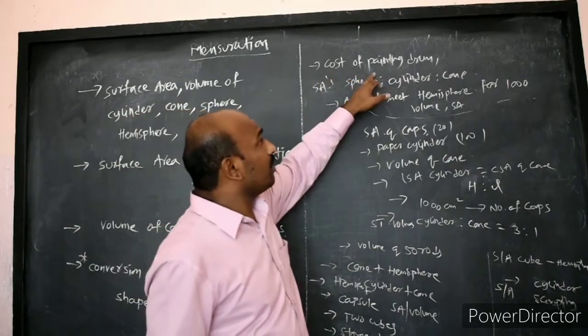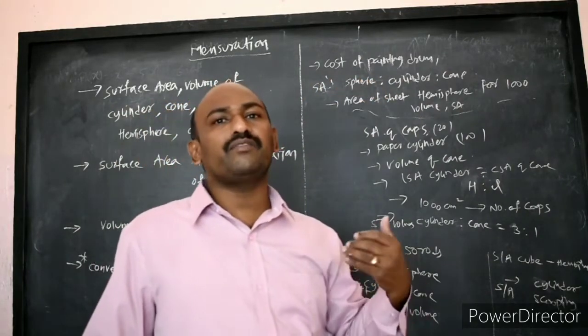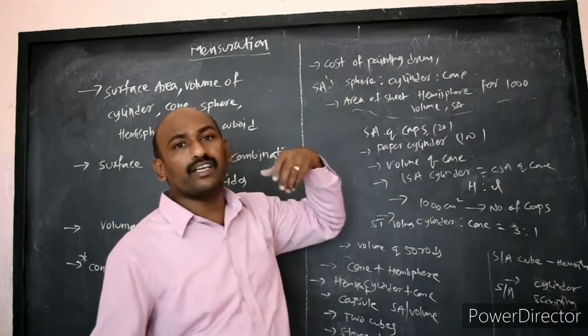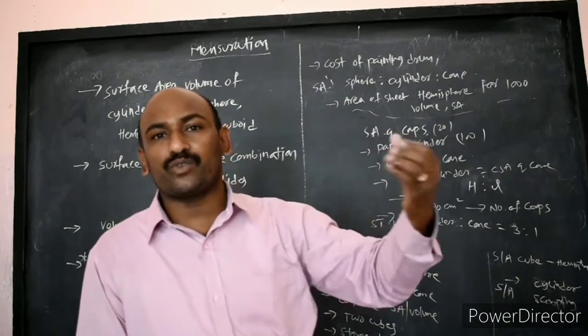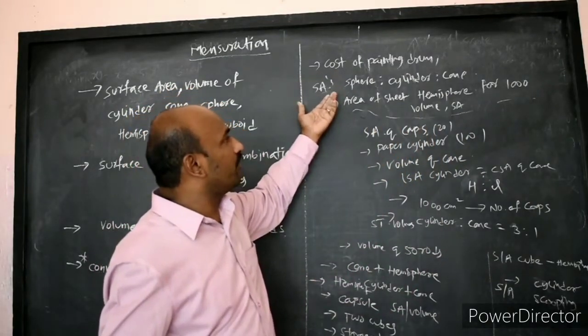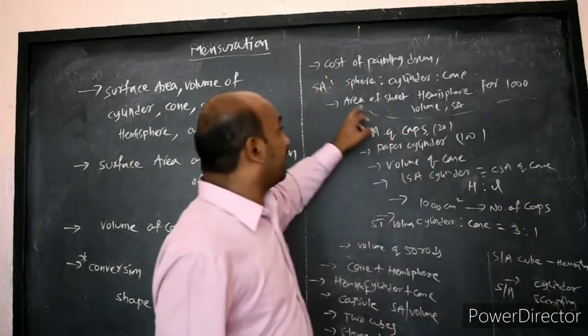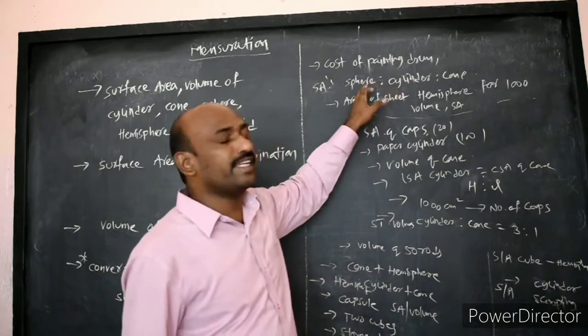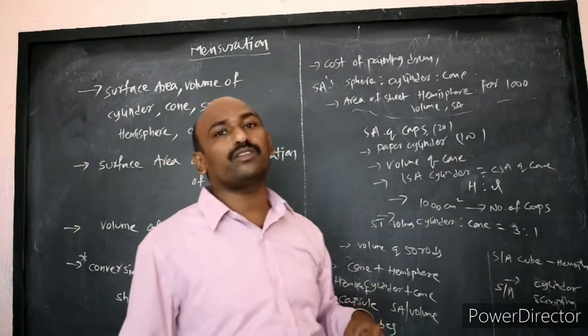Cost of painting a drum depends on the situation, we need to find the surface area, and the unit is, say, 3 rupees per meter square, like that we find the cost. And in surface areas, if a cylinder, sphere and cone have the same radius and same height, then we can find the ratios of their surface areas.